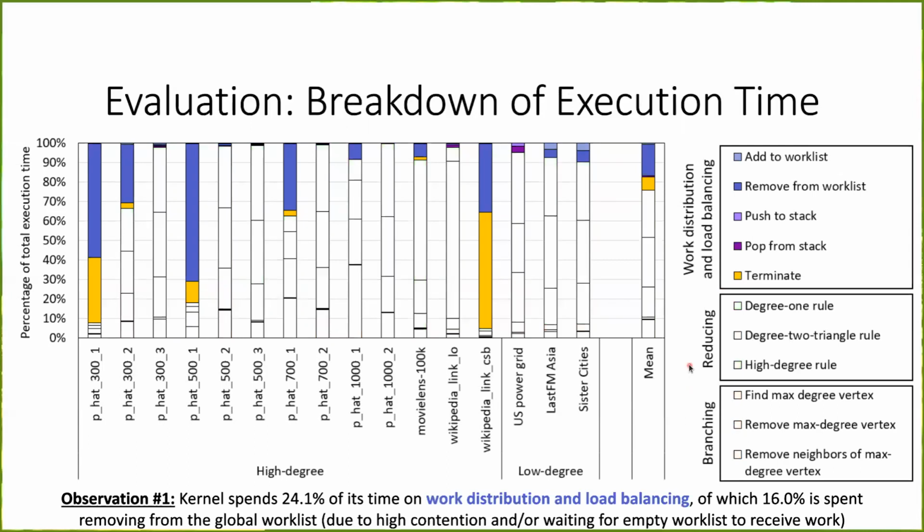The first observation that we can make is that the kernel spends 24.1% of its time on work distribution and load balancing, of which 16% is spent removing from the global work list due to high contention and/or waiting for an empty work list to receive work.